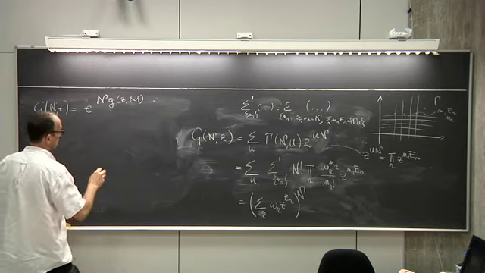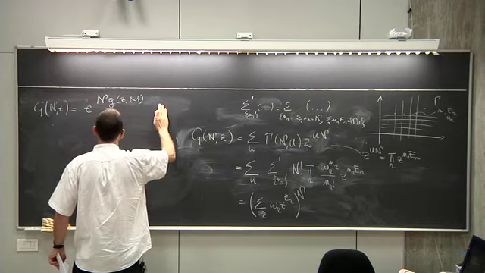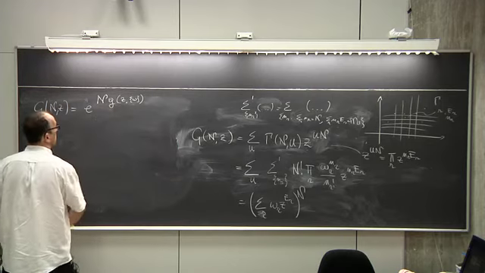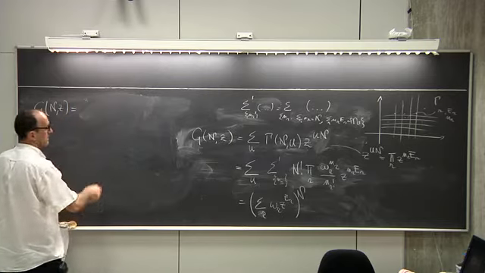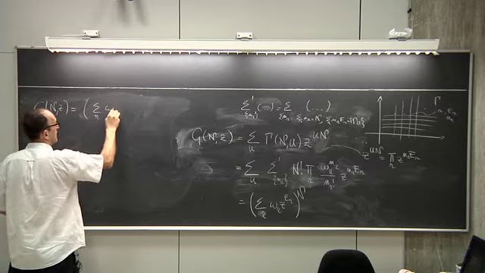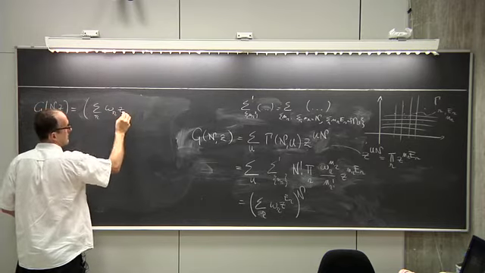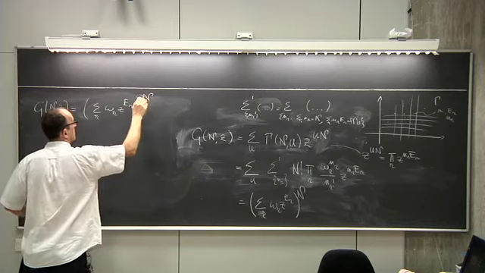Let me write it just as the sum over r of omega_r times z to the E_r, to the power n.